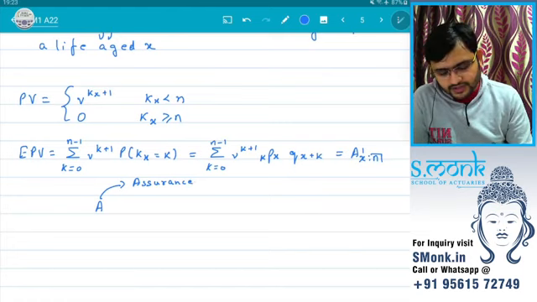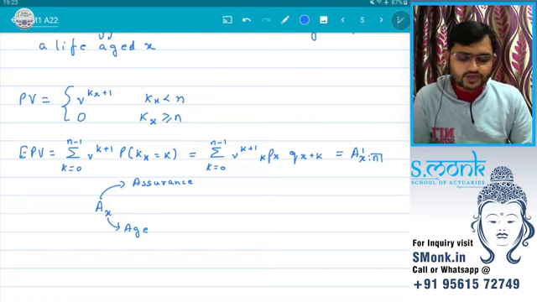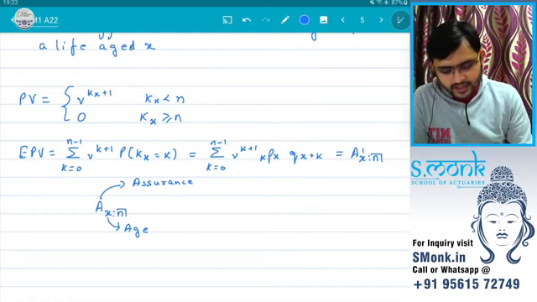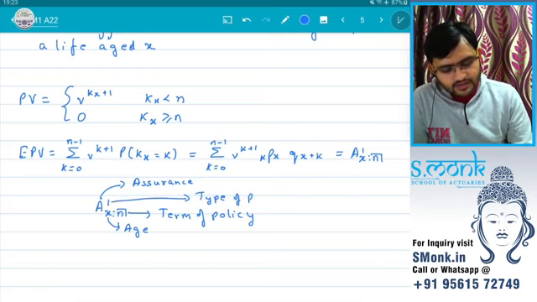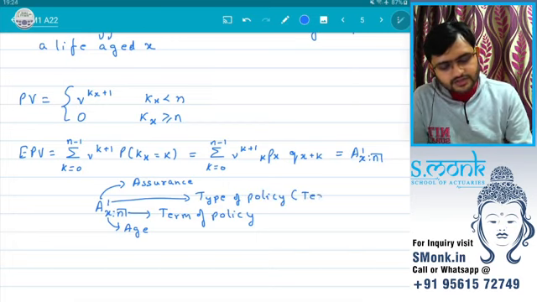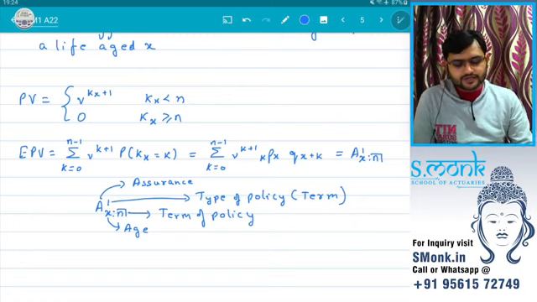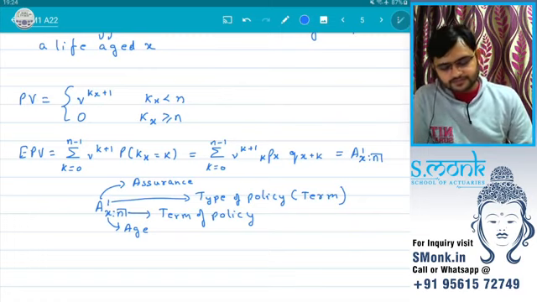X represents the age of the policyholder. N represents the term of the policy. And this dash represents the type of policy, in this case term assurance.